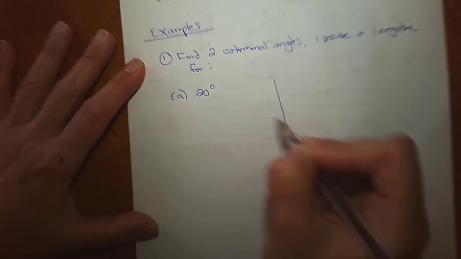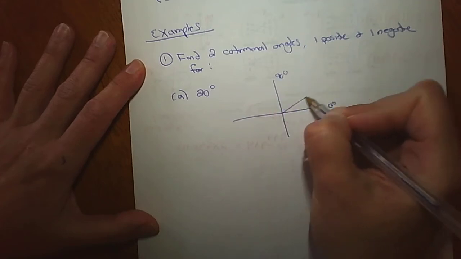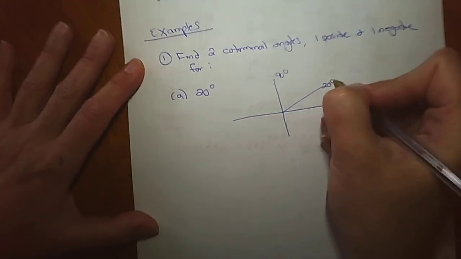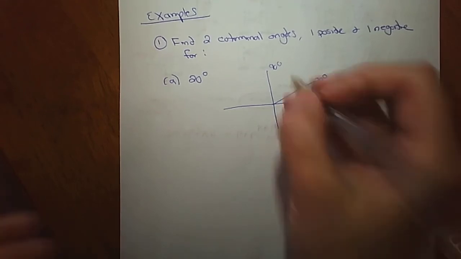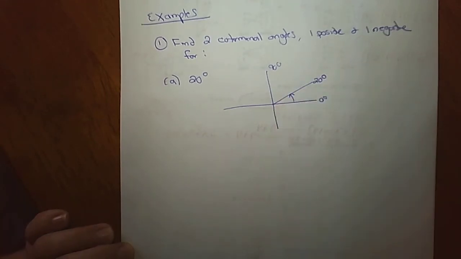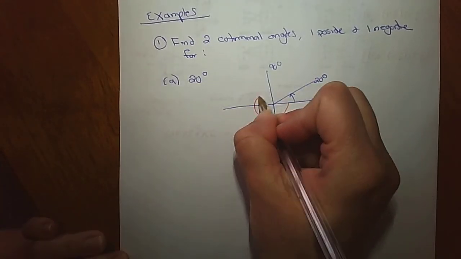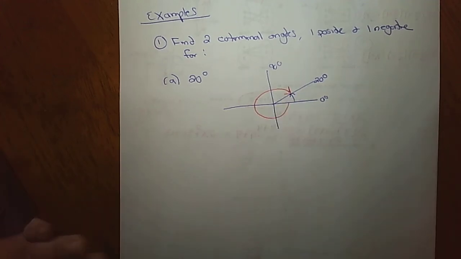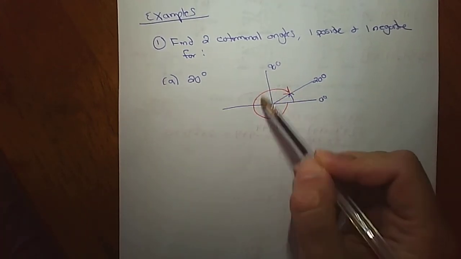So if I graph 20 degrees, here's 0, here's 90. 20 degrees is right there. I want to know two other angles that are going to land me in the same spot. So from here to here is 20. Well, one coterminal angle would be, what would it be if I came around from this direction? If you notice, guys, a whole way around would be a circle.